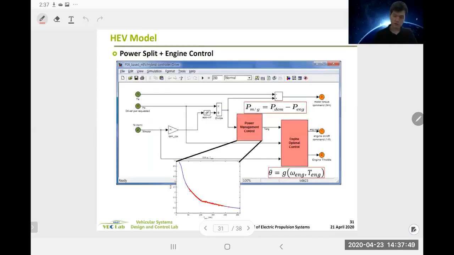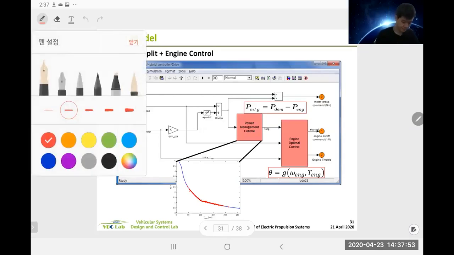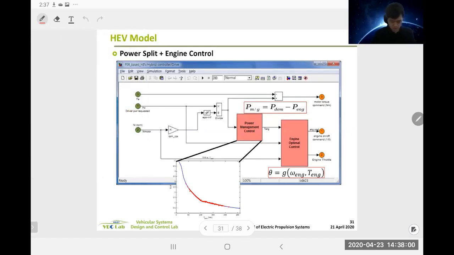So inside of the driving module, it has two subsystems, two submodules. First one is power management control.